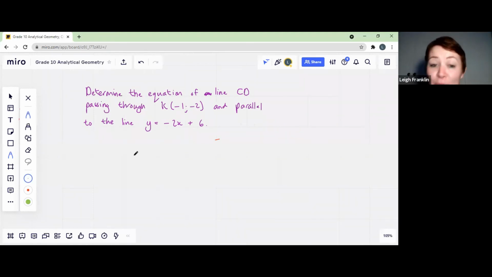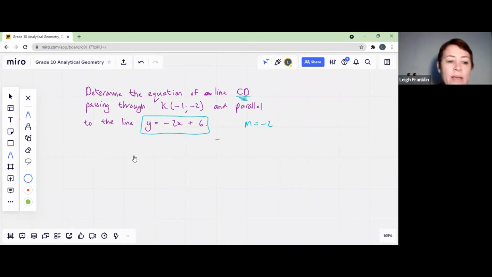Good, Maya. Perfect. I'm sorry, maybe I didn't phrase that in 100% the right way. But this is the line that we've been given. This is the line that we're trying to calculate. Good, well done. And you were saying to me the gradient is -2. Excellent. What's the y-intercept? 6. Good. Am I going to use the y-intercept when I work out the equation of CD? No, ma'am. No, you're not. You just want the gradient.